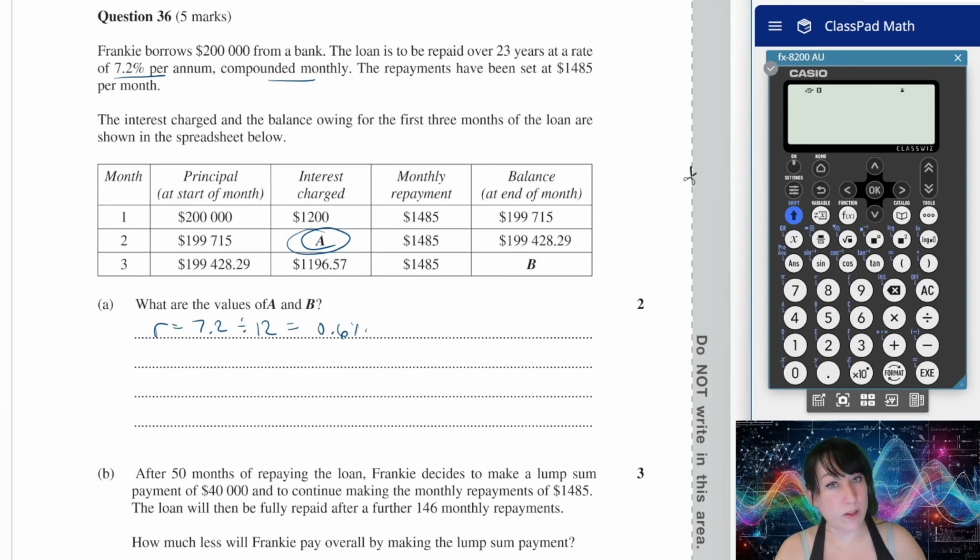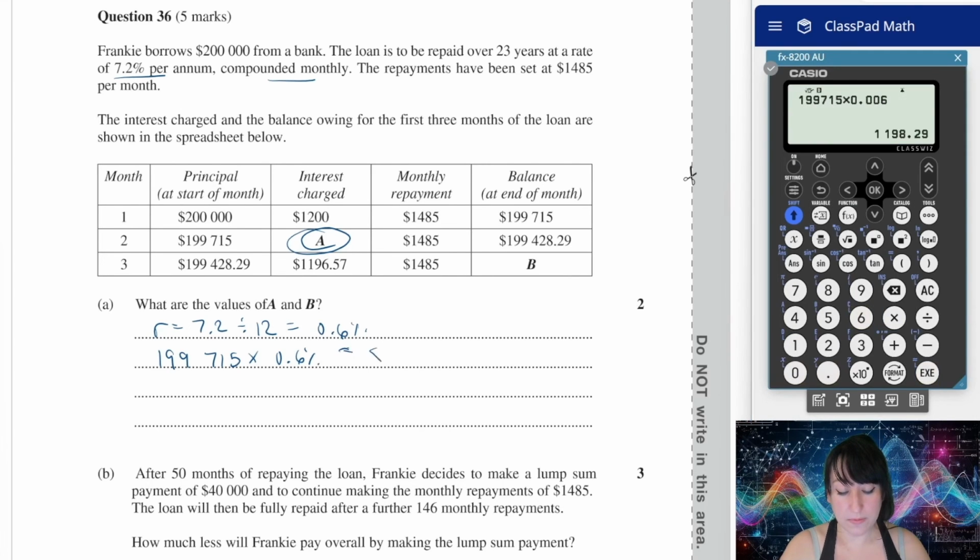And so if we find that percentage of the principal at the beginning of that month, we'll get the interest charge for the value for A. And so we'll do the principal times 0.6%. $1,198.29.